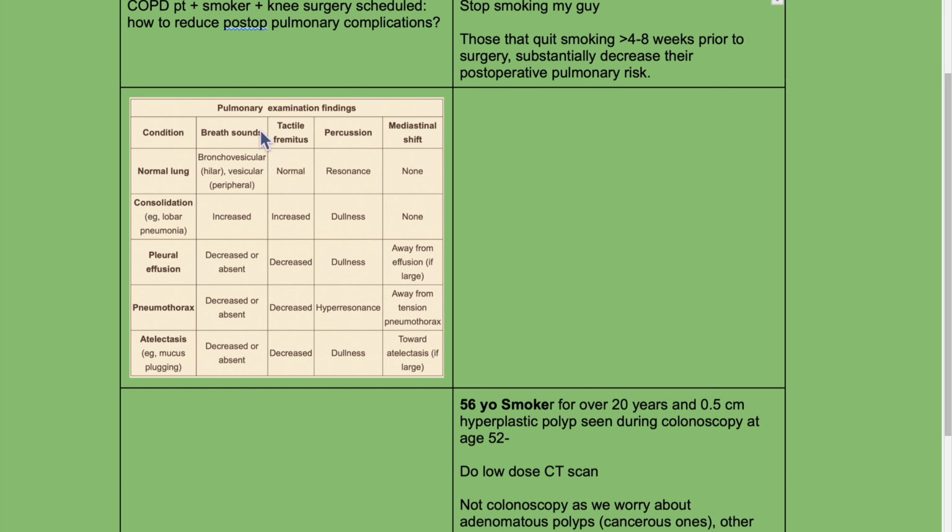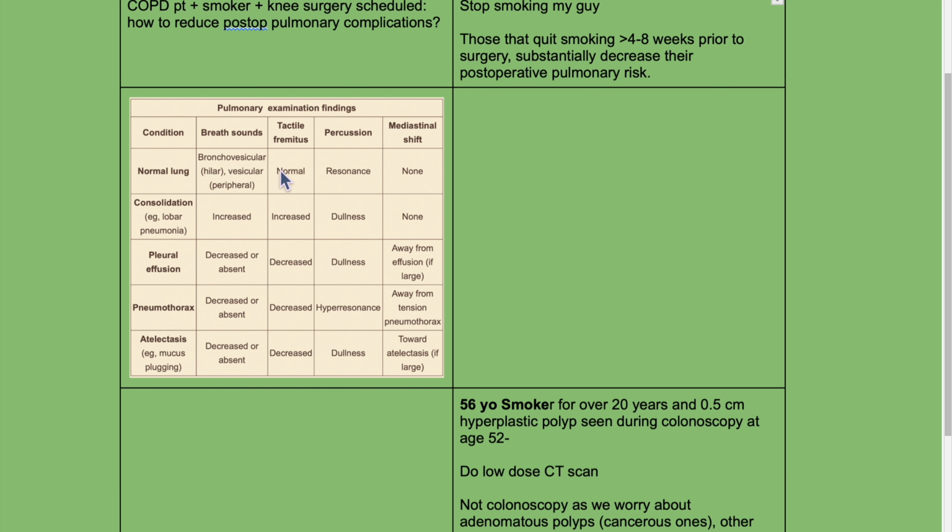Pulmonary findings, and we're talking about condition, breath sounds, tactile fremitus, percussion, and mediastinal shift. You already did this in step one, so I'll just quickly go over it. Normal lung. Breath sounds are bronchovesicular in the hilar area, and vesicular on the peripheral sides.